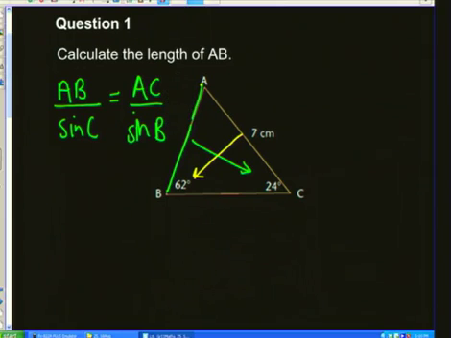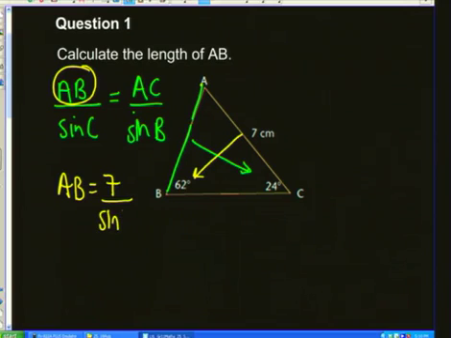Notice I on purpose have used AB, what I don't know, first, so that what I'm solving for is going to be in the numerator. It's not going to be sitting in the denominator. So now I substitute in the values. So I get AB is equal to AC, which I know is 7, divided by sine of B, which is sine 62. And then I'm taking that across and multiplying it by sine 24.